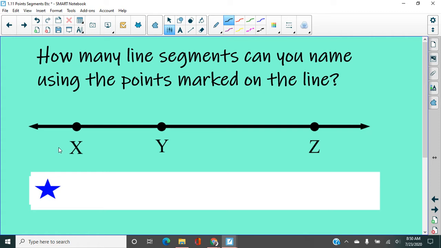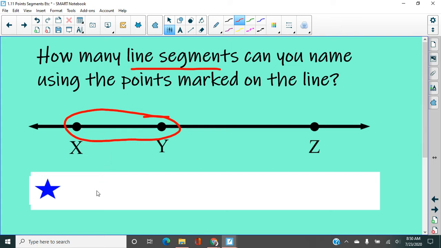Now we can take a kind of a long thing like this, and we can pull some line segments out of it. Now I know this keeps going on forever and ever, but we could say that we're just going to look for line segments in here, and maybe we just want to talk about this piece of what's there.